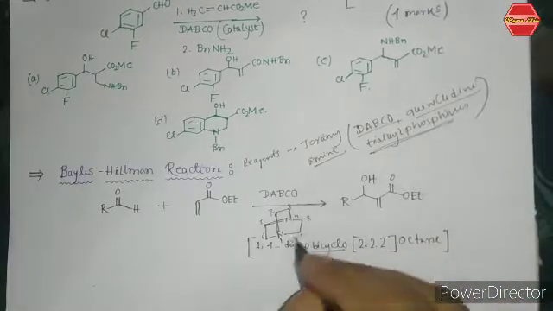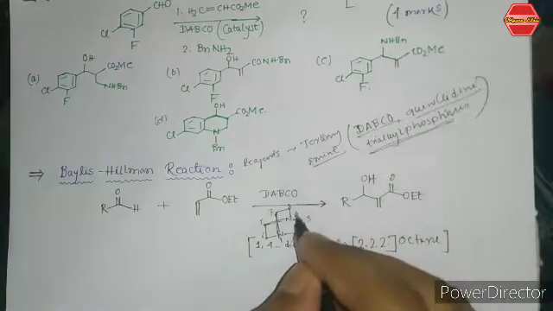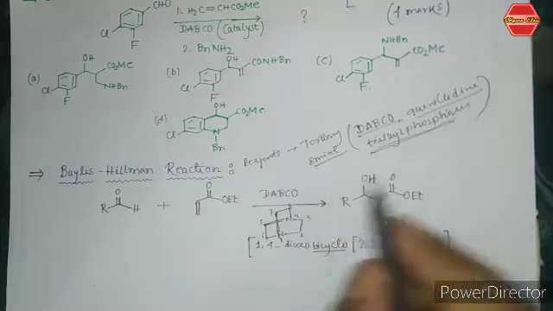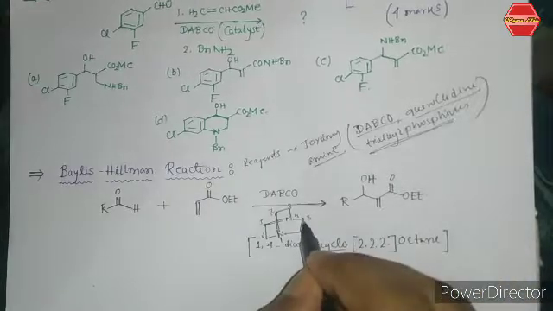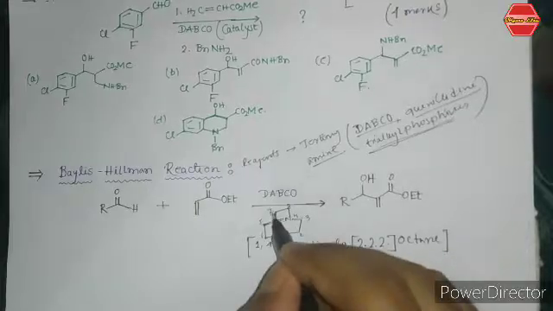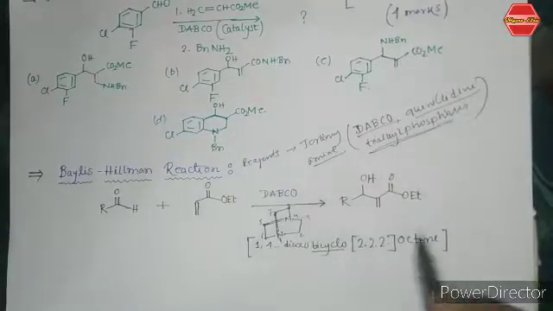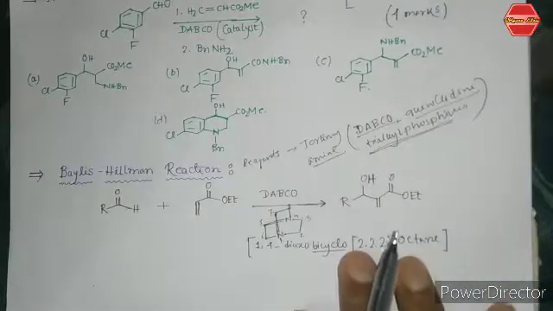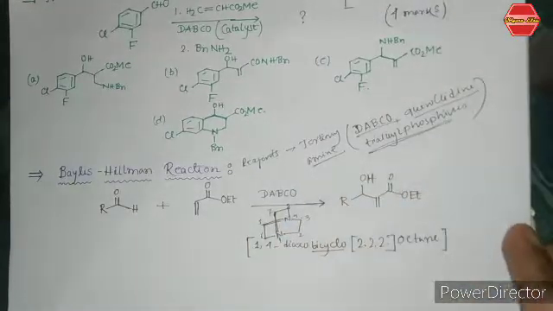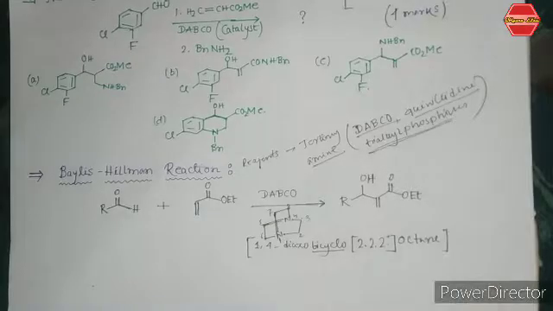The 2,2,2 means how many carbons you pass from this nitrogen to that nitrogen: here 1, 2, here also 1, 2, and here also 1, 2. That is why it is 2,2,2, and with 8 carbons overall, it is octane. So that is the overall naming of 1,4-diazabicyclo, that is DABCO.